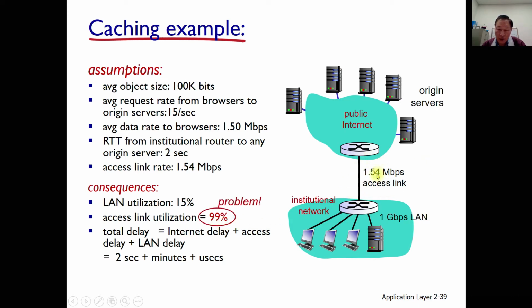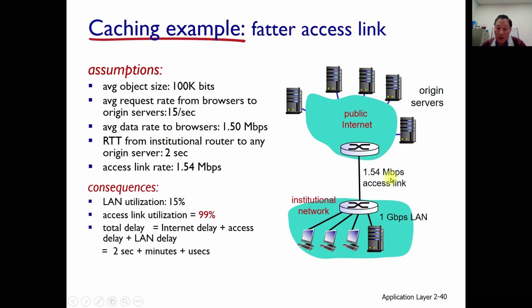Thus, as I mentioned, this one is the problem. Thus, we can improve in this way. First, better access link or faster access link. Both words can be applied here. Assumptions. Average object size, those are the same. And average request rate, every second 15 times. The request frequency is 15 times every second.